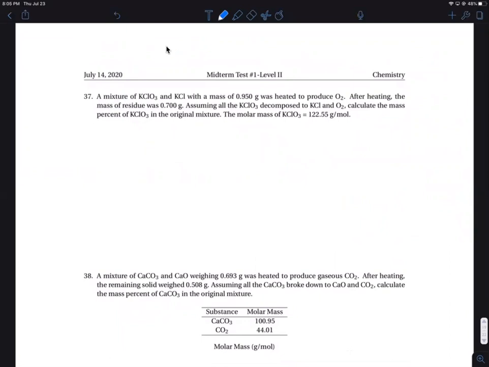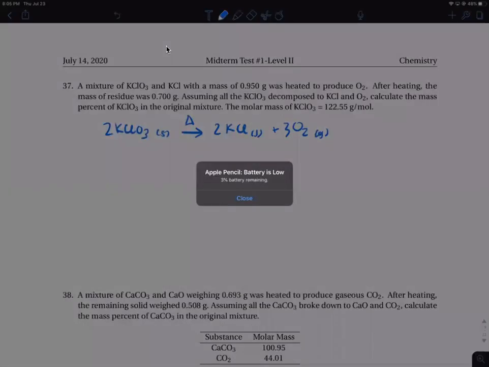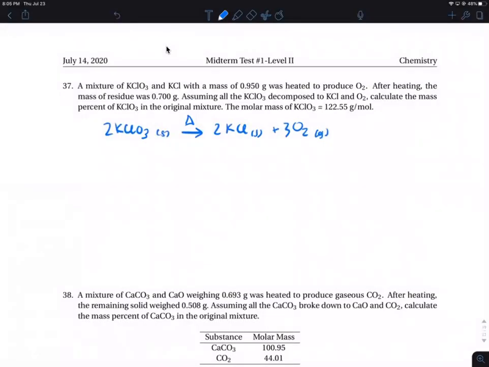So this is pretty much telling us that KClO3, which is a solid, if we heat it up, it's going to decompose into KCl, which is solid, and O2, which is a gas. So balancing it gives us that. So the mass of O2 produced is pretty much, okay, I'm going to be right back.